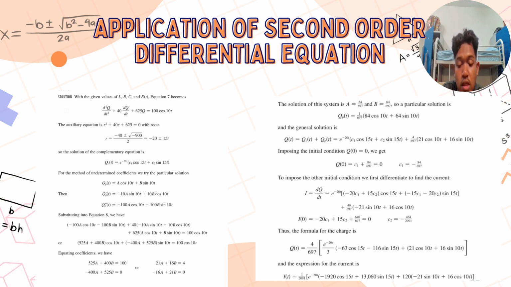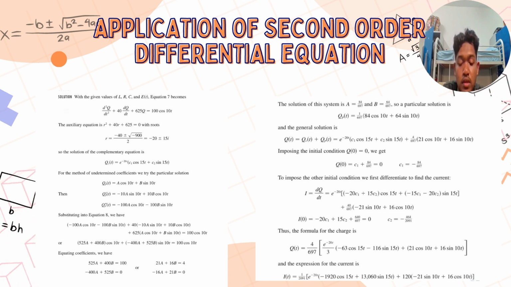So the solution of the complementary equation is Qc(t) equals e^(-20t) times the bracket of cos 15t plus sin 15t.